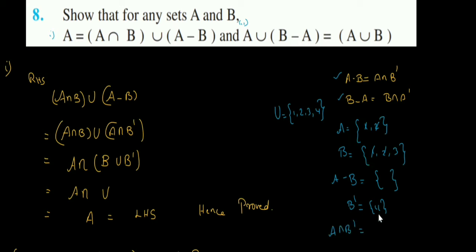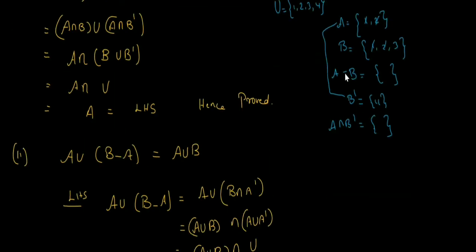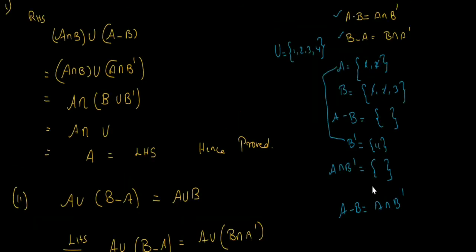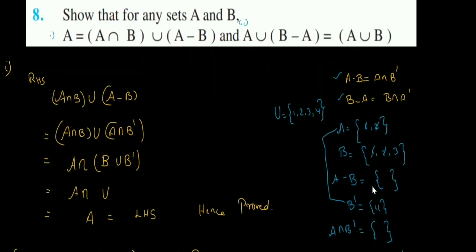What is set B dash? {4}. What is common between A and B dash? Nothing, the empty set. So we have now proved that A minus B is equal to A intersection B dash. This property you should remember: A minus B is equal to A intersection B dash.